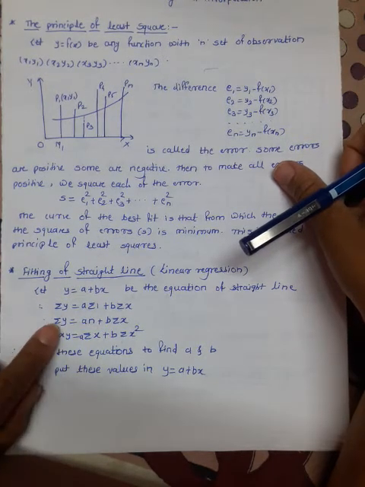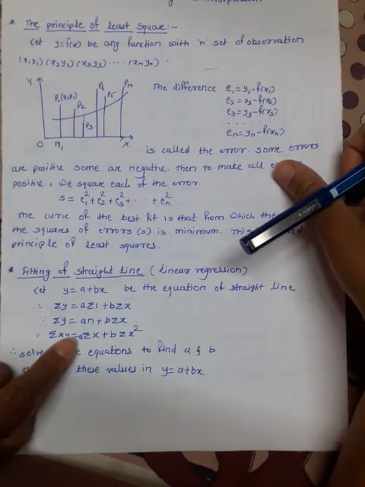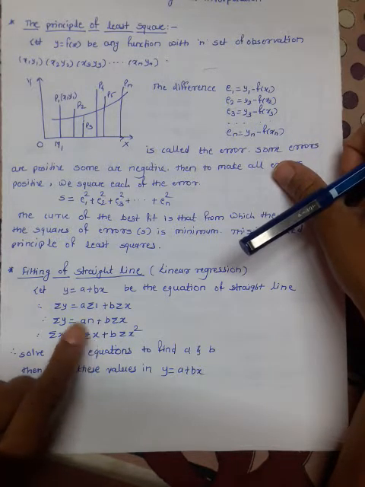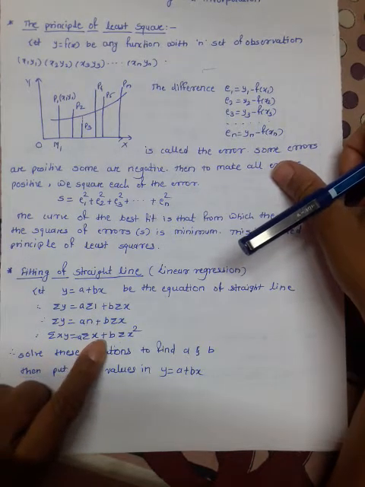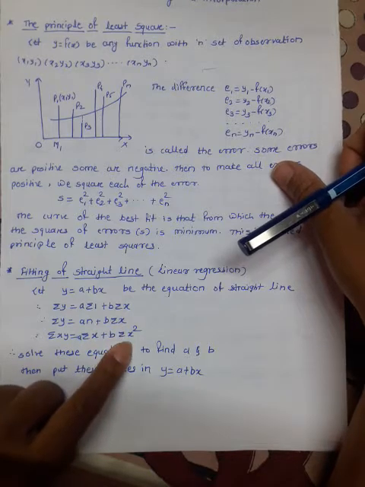Now multiply both sides with x and take the sum. What will it become? Summation of x into y is equal to a into summation of x, multiplying both sides with x, plus b into summation of x into x, which becomes x square.